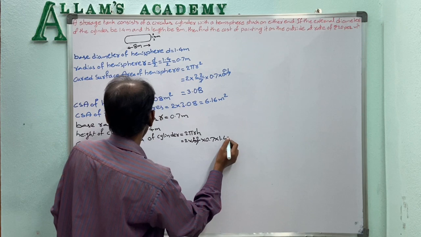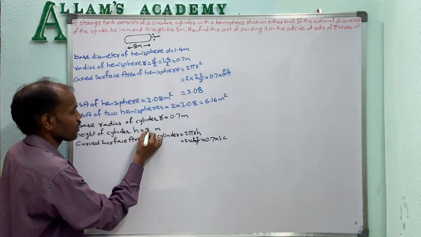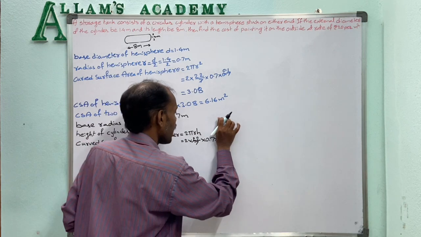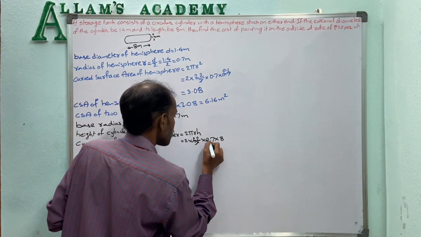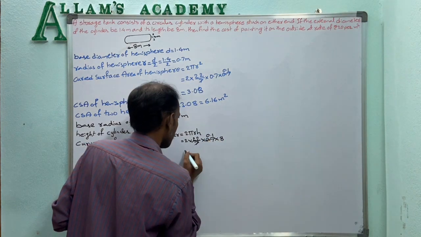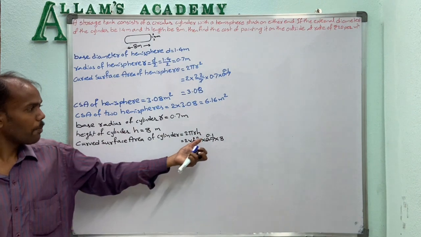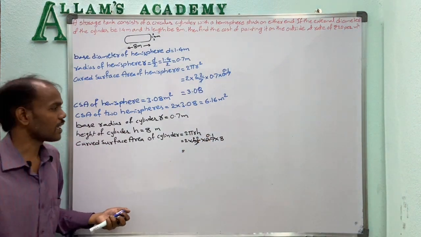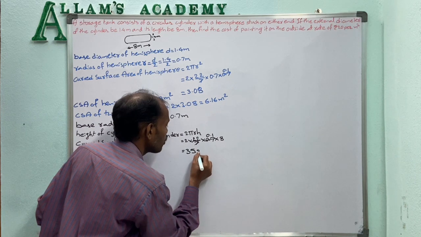Here the height is 8 meters, not 1.4, so into 8. So 7 ones are 7, so 2 into 22 into 0.1 into 8, that is nothing but 35.2.